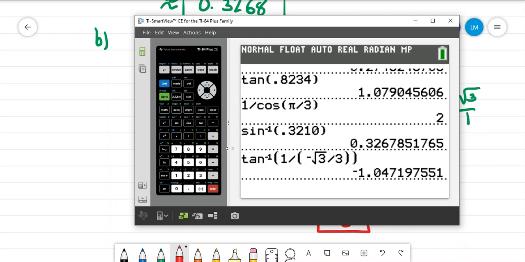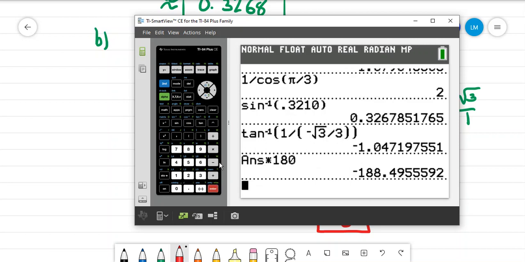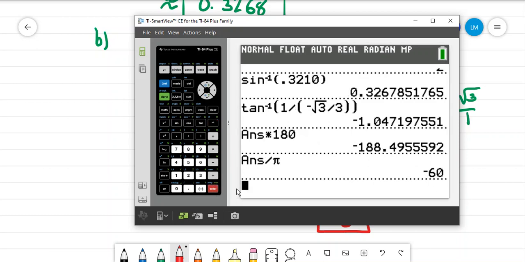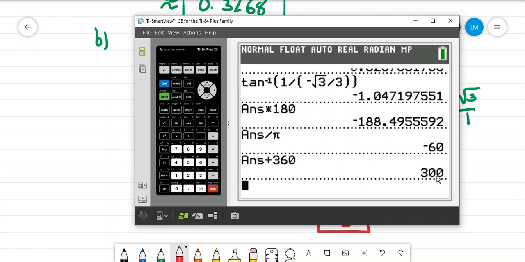And if I convert that into degrees, I get negative 60. Now in this case, you would actually go ahead and add the 360, because you need the coterminal angle. So that gives you 300 degrees.